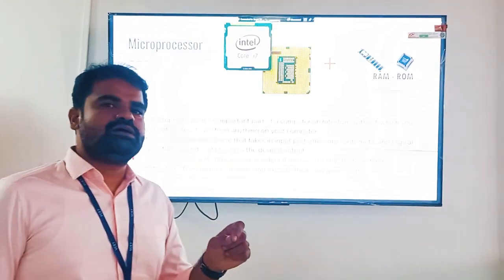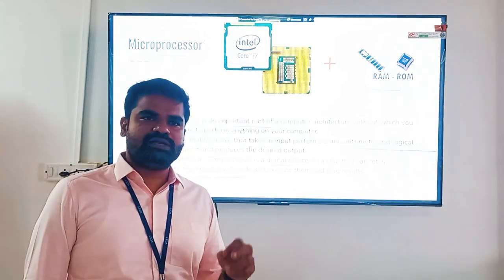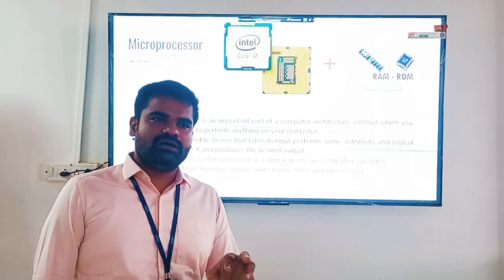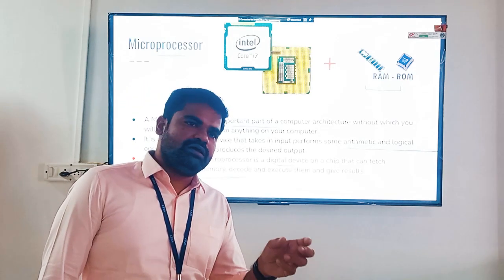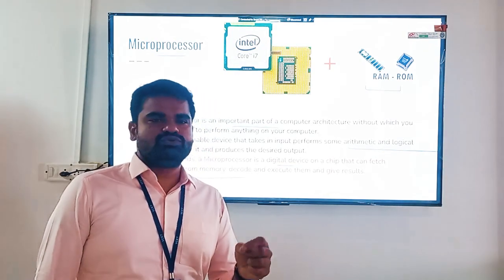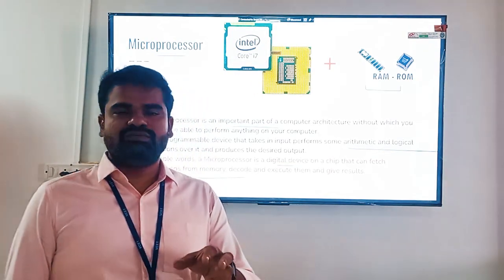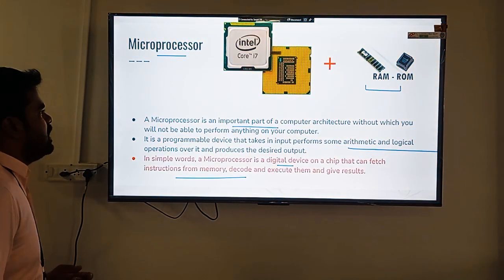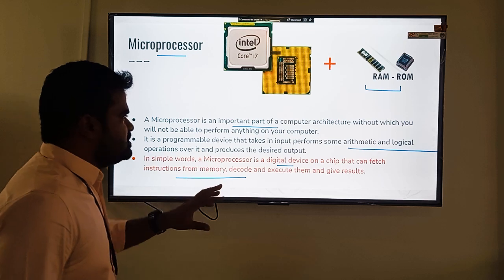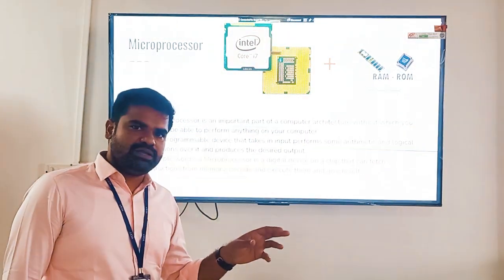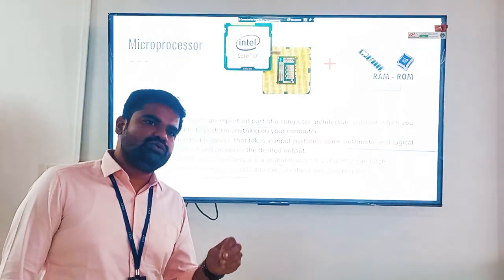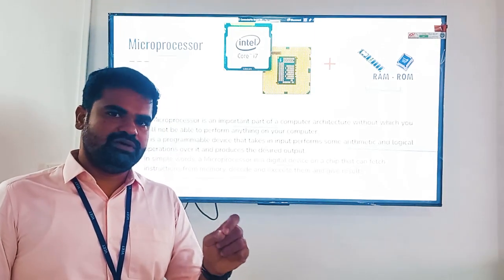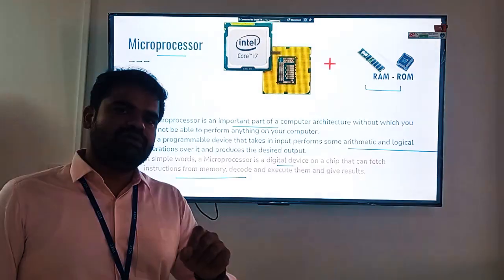These microprocessors are generally used for multiple tasks or huge tasks. It also contains several storage areas, and the microcontroller also contains several storage areas, which you will see in the difference part. Here you can see it is an important part of computer architecture which performs basic arithmetic and logical operations. These operations depend on the type of microprocessor we are using, because processing speed will vary.